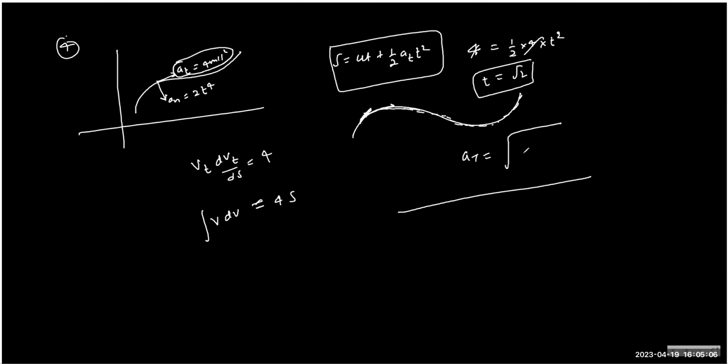The total and normal will be 2 to 4. How much? 18. √5. Yeah, that's the right answer.